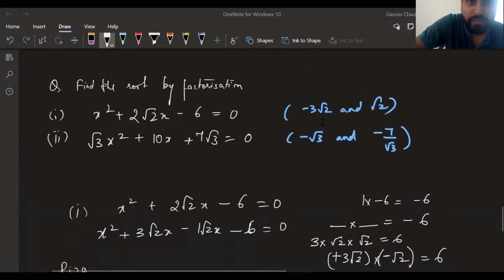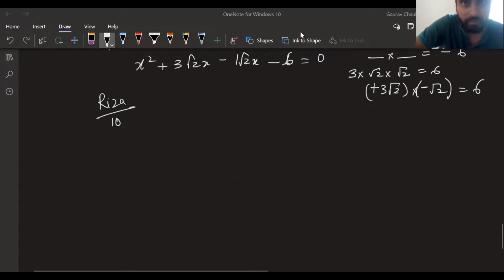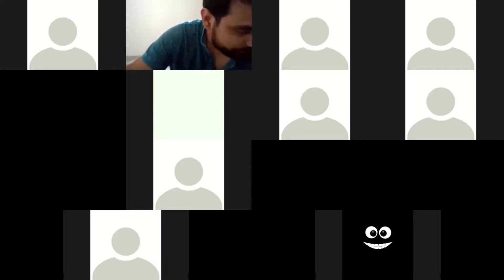Okay, now moving ahead, we've now seen some different types of factorization questions. I will give you more work for that. More questions to practice. But right now, we are going to go to another method.